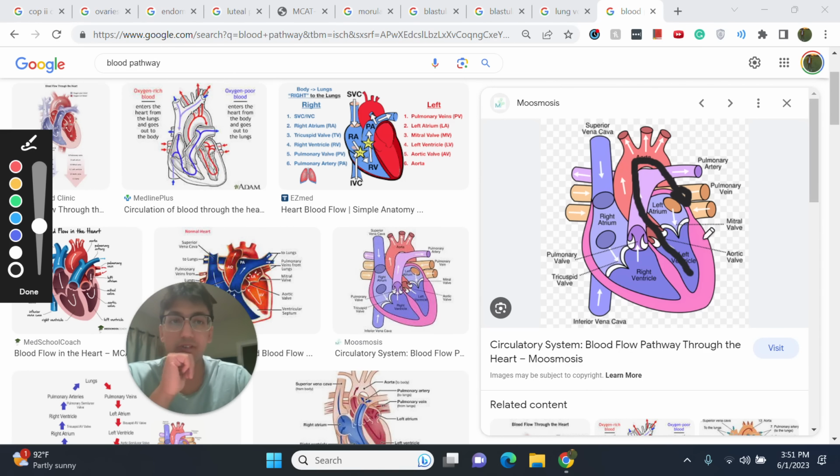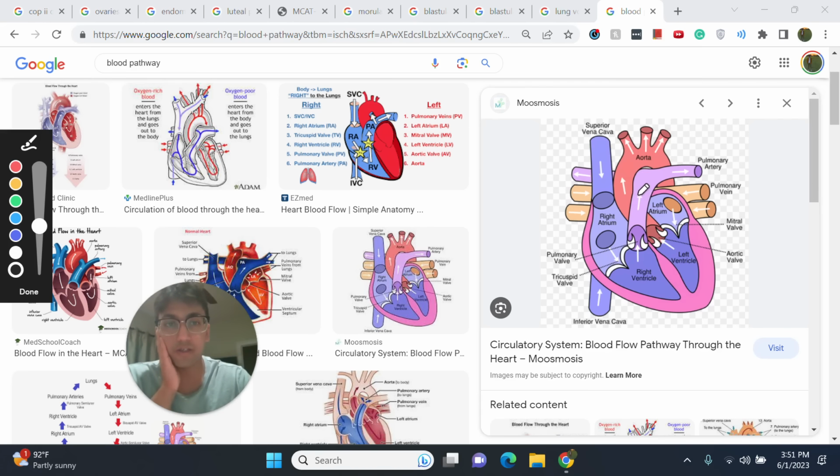So this has to be a really thick wall because this ventricle is responsible for sending blood to the entire body. It's going to be a really, really harsh push through the aortic valve into the aorta, which is the very first artery after the heart.